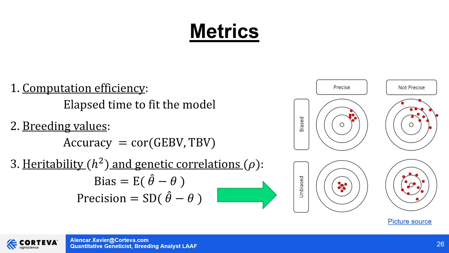When evaluating the breeding values, we're going to check the accuracy, where that is defined by the correlation between GBVs and true breeding values. And last but not least, we want to look at bias and precision of our coefficients, where bias is the expectation of the difference between our estimator and the true value, and the precision corresponds to the standard error or standard deviation of this measurement.